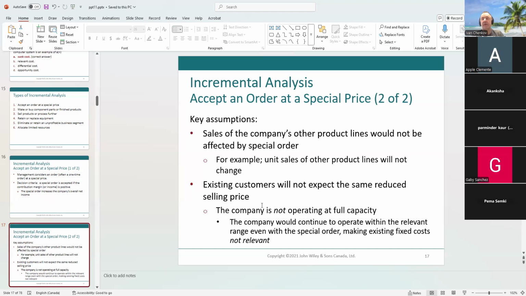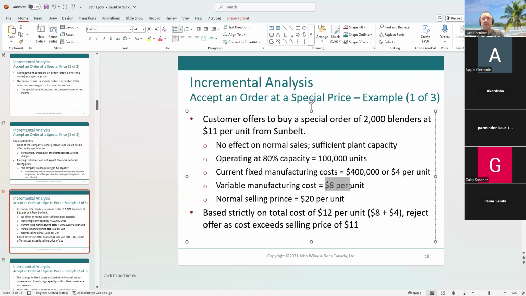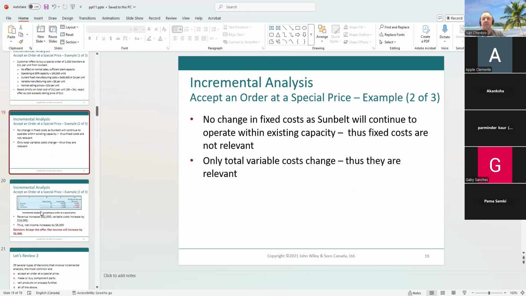Make sense? Once you have those things in mind and you know the decision criteria, then everything is easy. Get the information, figure out where the variable cost is, figure out the proposed price from the customer, how much he's willing to pay. Compare those two. If you're generating contribution margin, go for it.